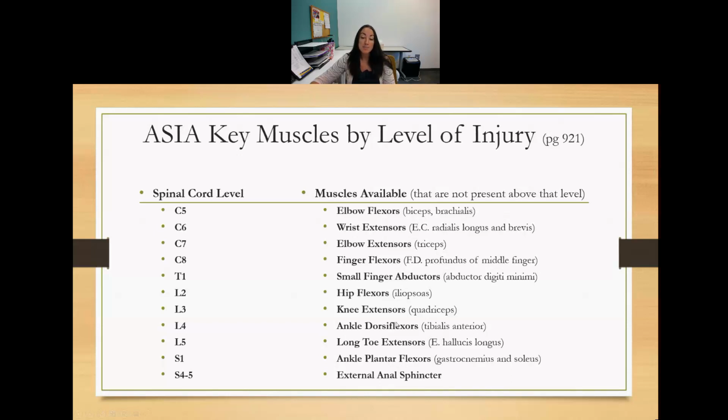So if you have a C5 injury, you will have elbow flexion available, but everything from that level below will not be available. You won't have any of the wrist extension or elbow extension, nothing in the legs if it's a complete injury. So getting an understanding, I do want you to know these and learn these and understand these.